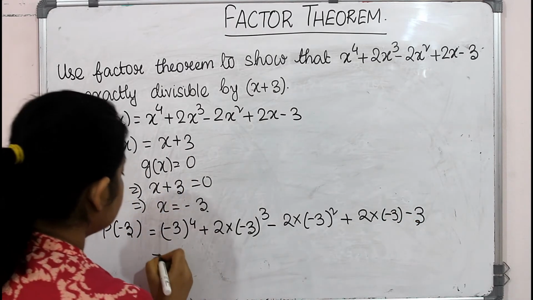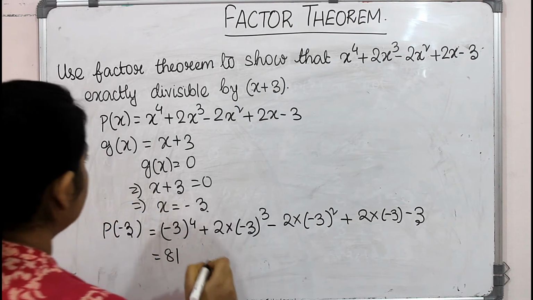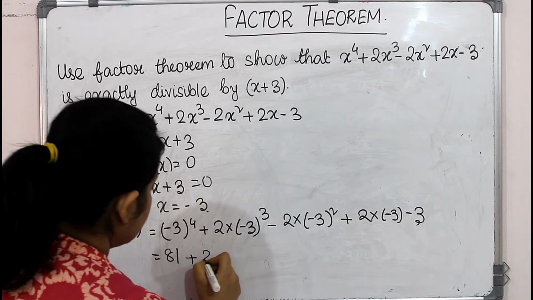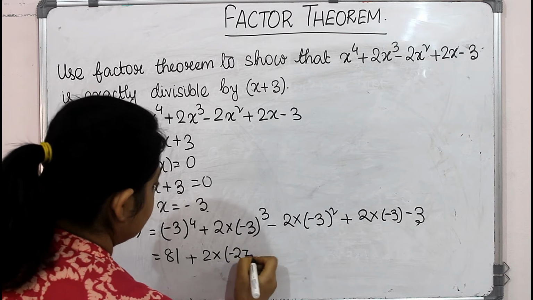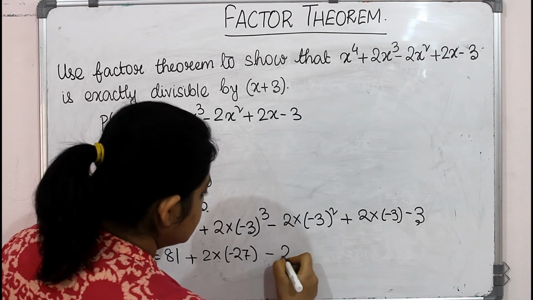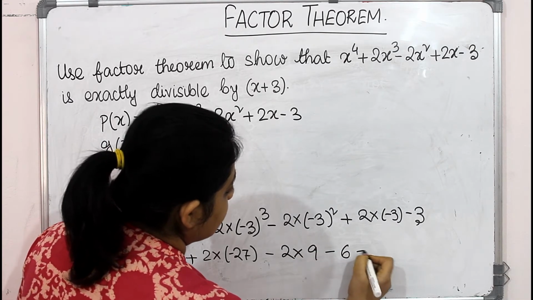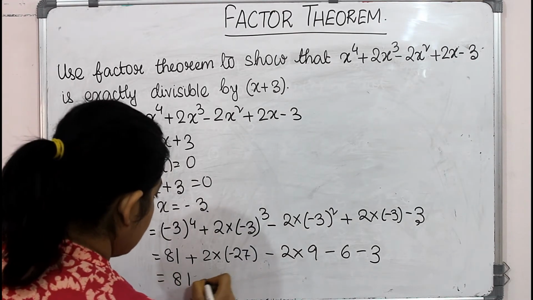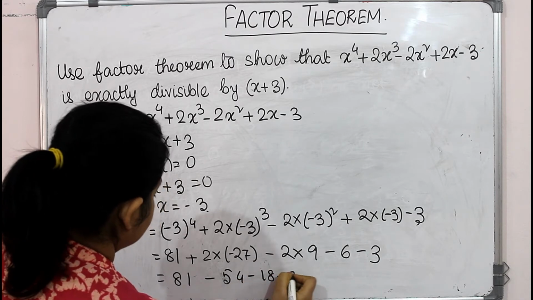So (minus 3) to the power of 4 becomes 81, plus 2 into (minus 3) to the power of 3, which is minus 27, and this comes out to be minus 2 into 9, and this becomes minus 6 minus 3. So this is 81 minus 54 minus 18 minus 9.